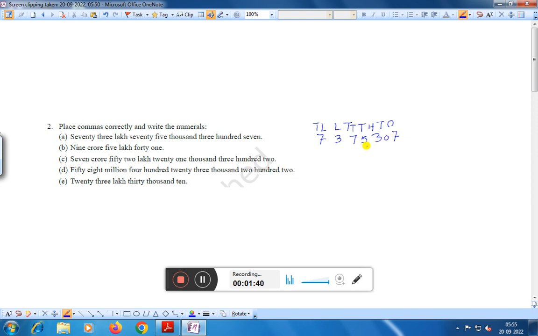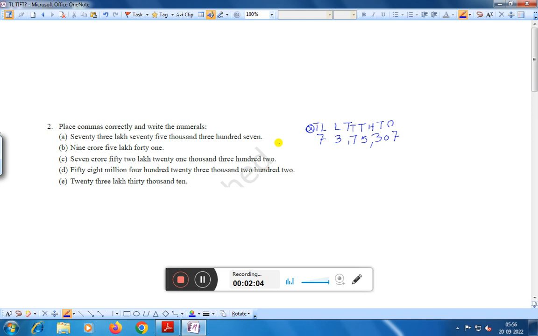Now we'll put the comma. After 3 digits you put 1 comma. After 2 digits you give 1 comma, right? Now this is 73 lakh, 75,307. Okay, this is question number A.